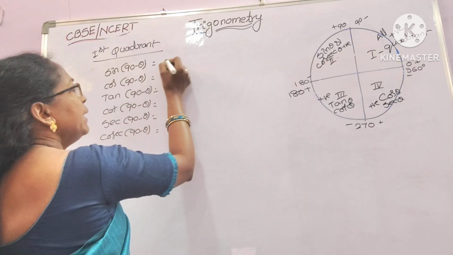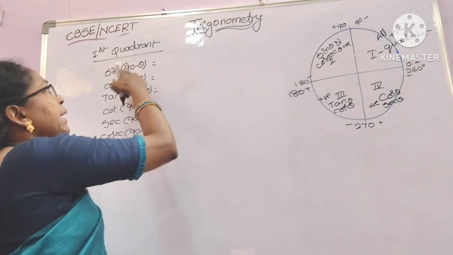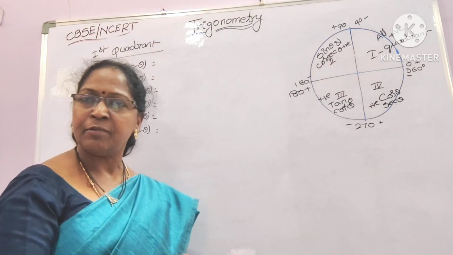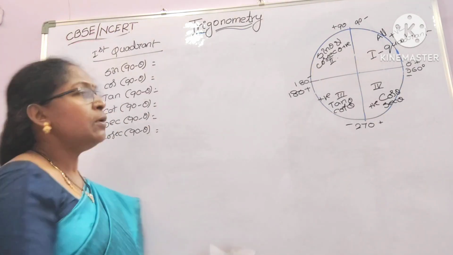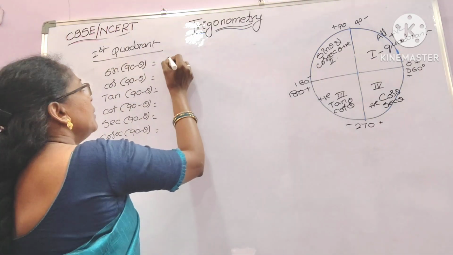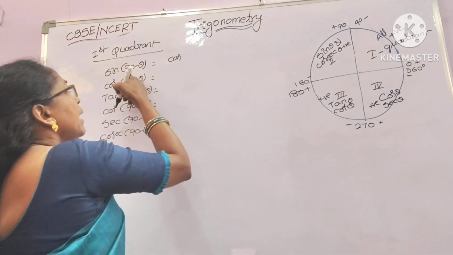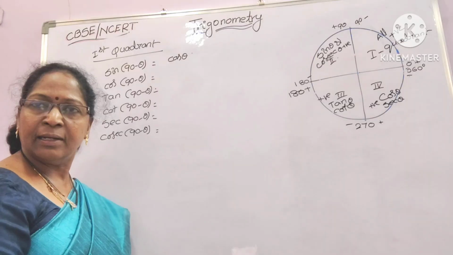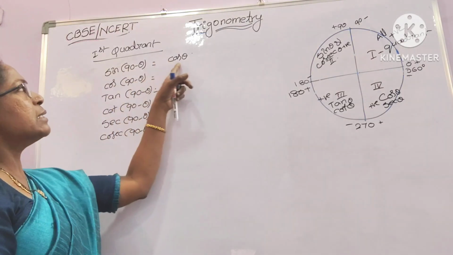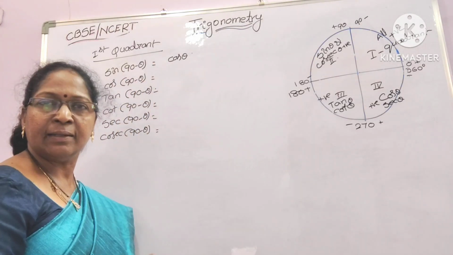Here you write sin 90 minus theta. Here 90 minus theta comes under the first quadrant, so in the first quadrant all are positive. So sine converts into cos. The angle is theta, so you should write theta. Sin 90 minus theta equals cos theta.